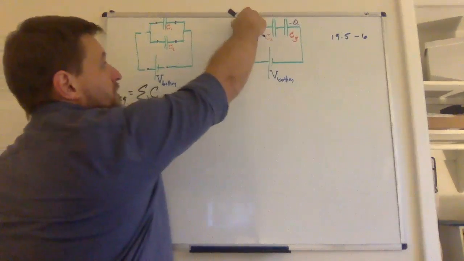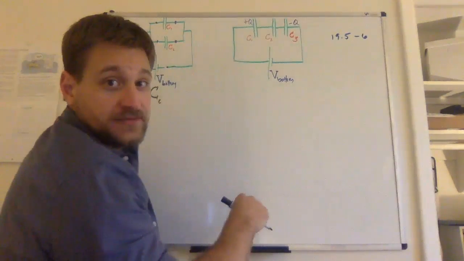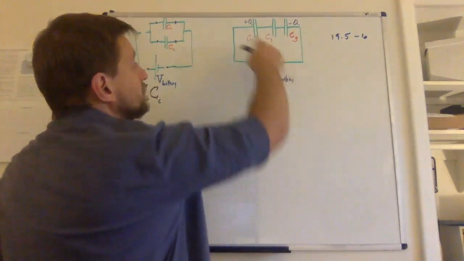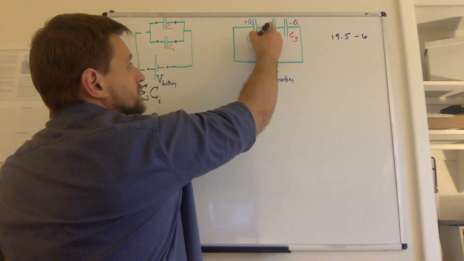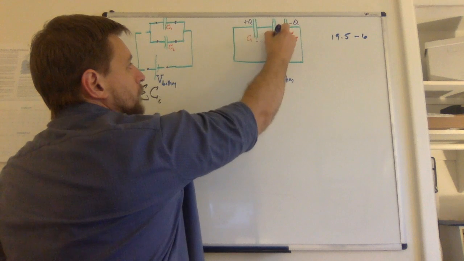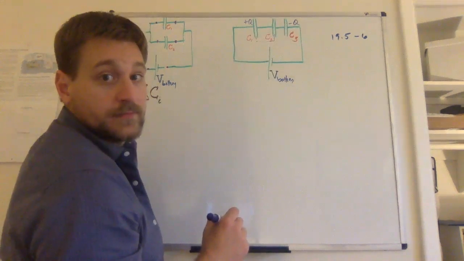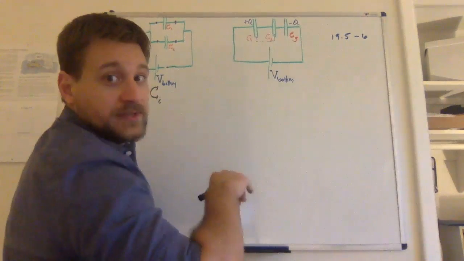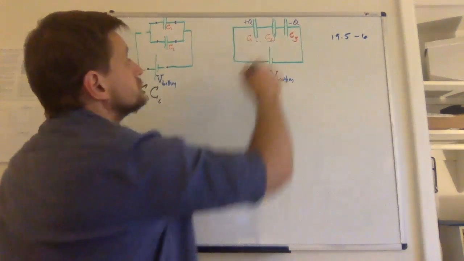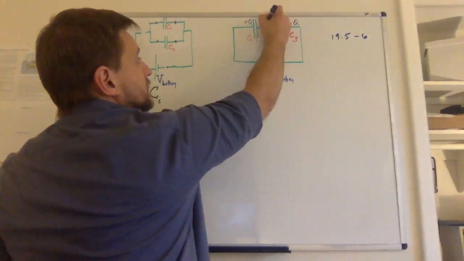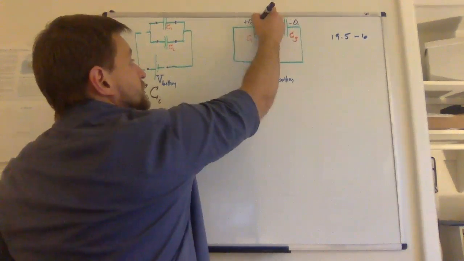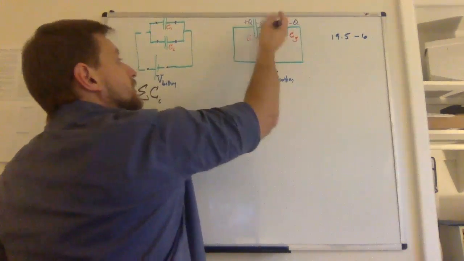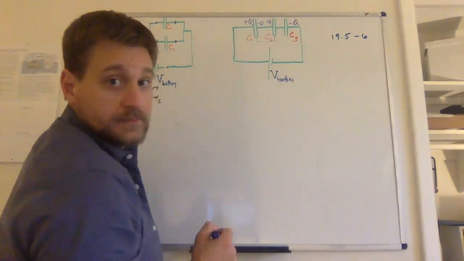This positive charge here pushes the positive charge in this segment as far away from it as it can get, all the way to the next plate, leaving an induced negative Q on the close plate.